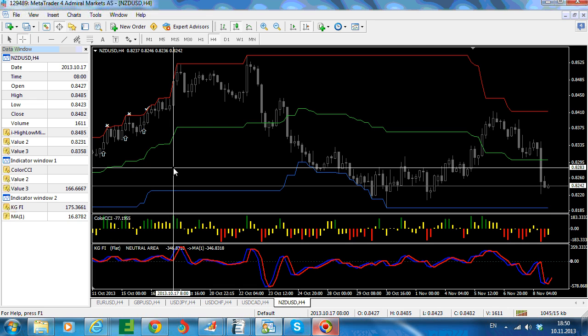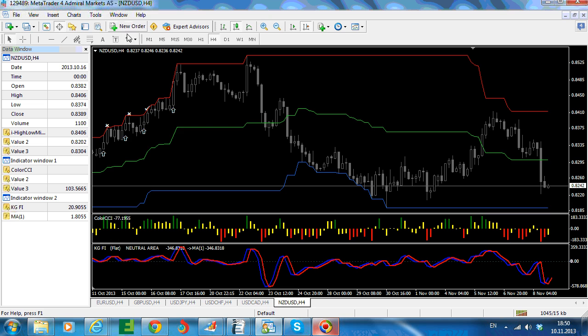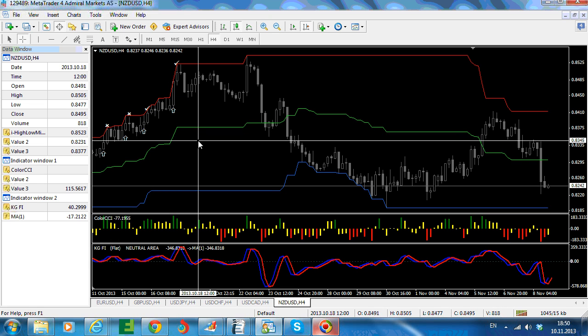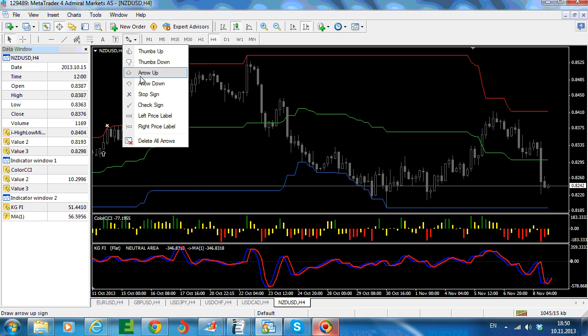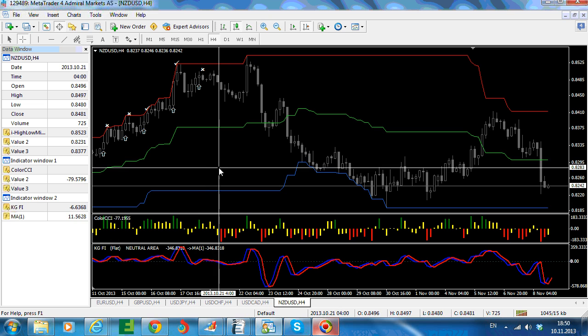Then this one goes again into the money, valid. Then moving. This one here is a valid signal, but it goes out of the money. So basically it's a loser in terms of not being profitable in terms of binary options.